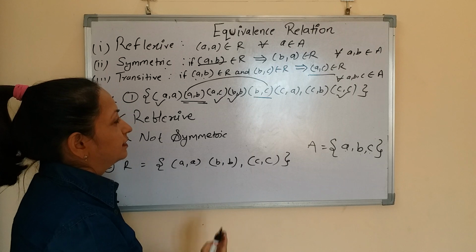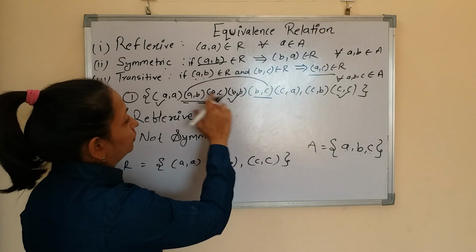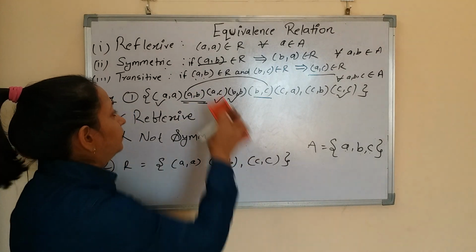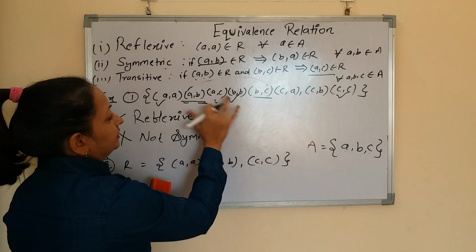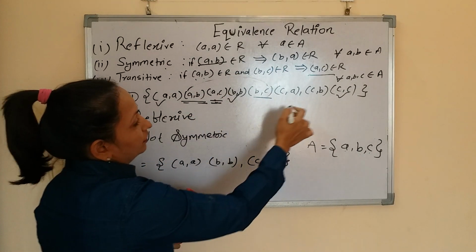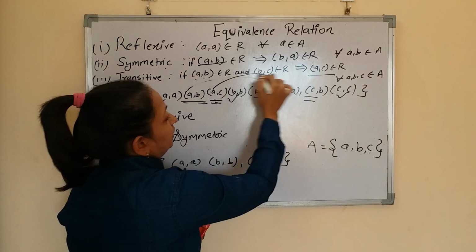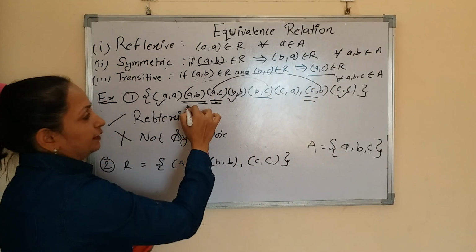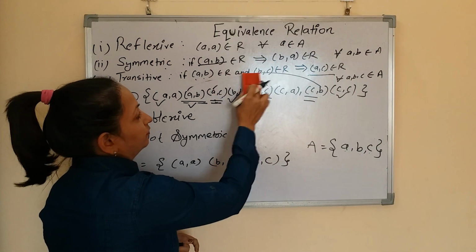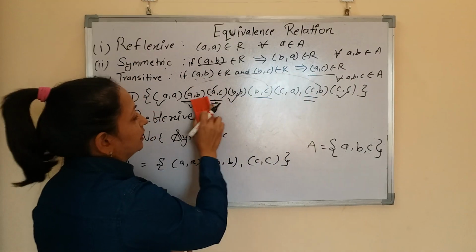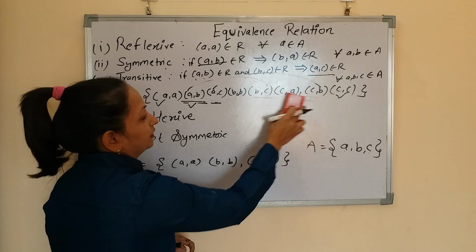Till now the condition is satisfied, and let's move to the second pair. I got (a, c), I got (c, b), then (a, b) must belong to R and (a, b) is also here. So till now the condition is satisfied for the transitivity. But let's move on and check other pairs also.